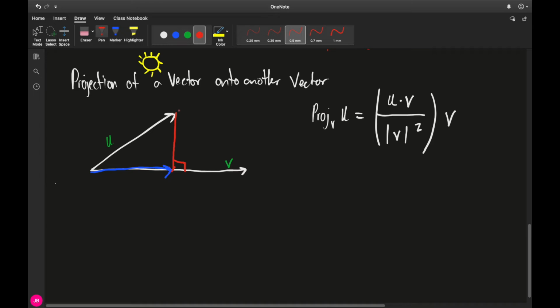So it's not going to just fall straight down like that and be the exact same length of vector u. It's actually going to be a different length, and it's going to be a scalar multiple of vector v. So the question is, what is this vector then? This formula is what's going to help us to find the component form of this vector. We can call it whatever name we want. We'll call this vector t.